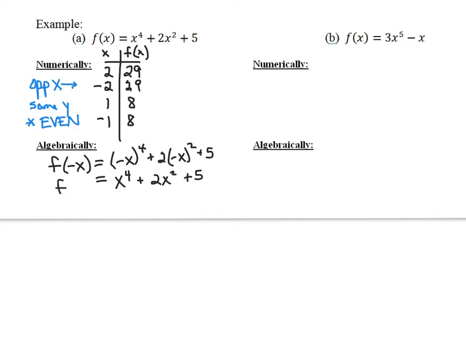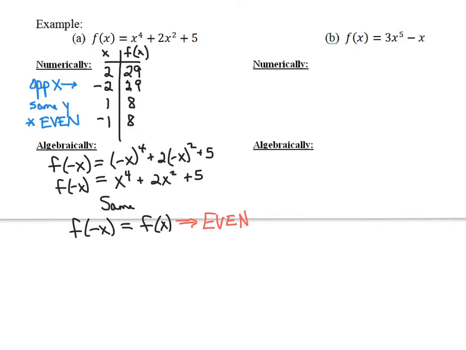And I see that this answer for f of negative x turned out to be exactly the same as my function f of x. So that tells me that if f of negative x is the same answer as f of x, then algebraically I know that this function must be an even function.